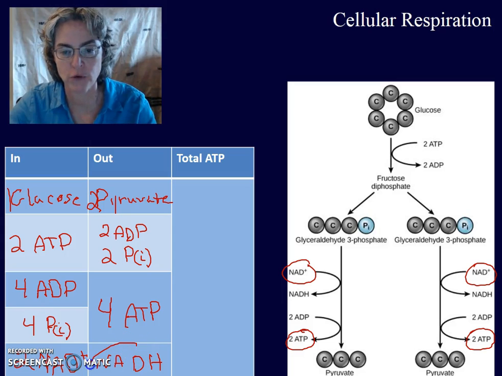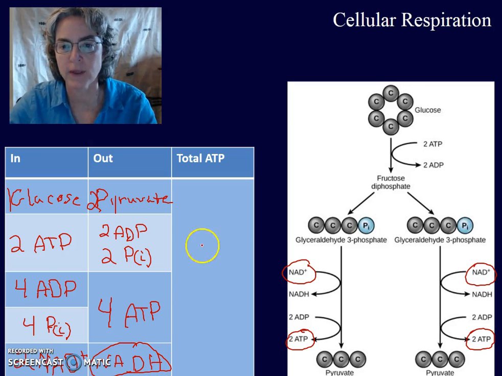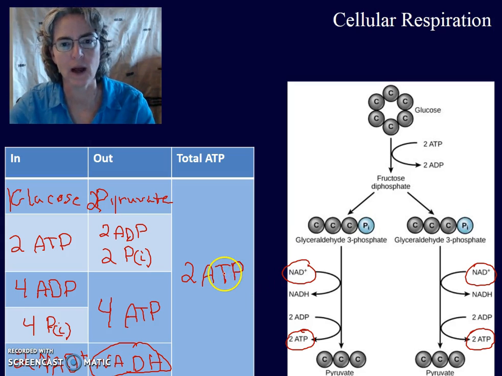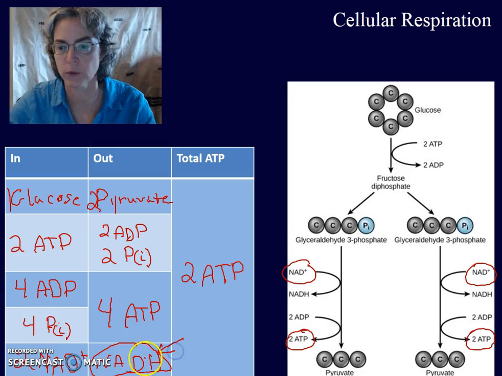These molecules are extremely important, and they are going to go to the electron transport chain. So in this process right here, we ended up with a total of 2 ATP. So not really a whole lot for that whole process. Most of the energy has gone into these molecules right here. Let me make sure. Yep, 2 of them. So there's got to be 2.